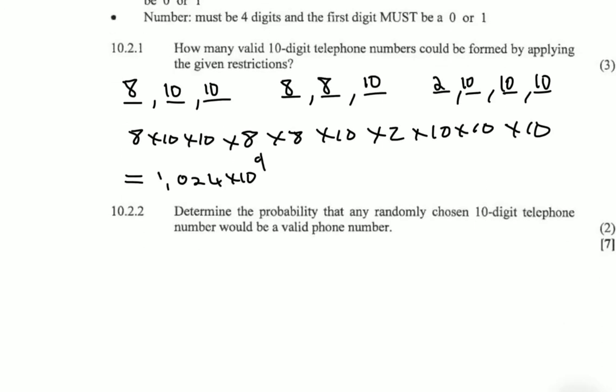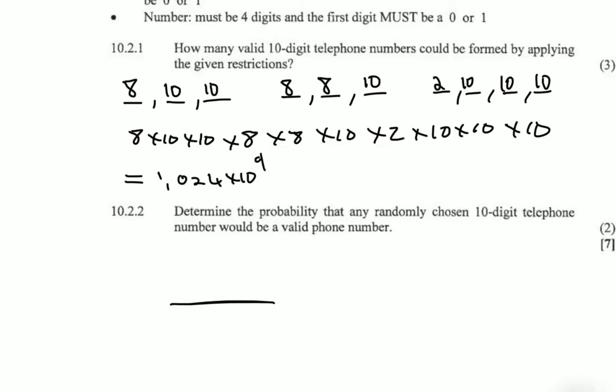Question 10.2.2 says determine the probability that any randomly chosen 10-digit telephone number will be a valid phone number. So we need valid phone numbers divided by any possible 10 digits.